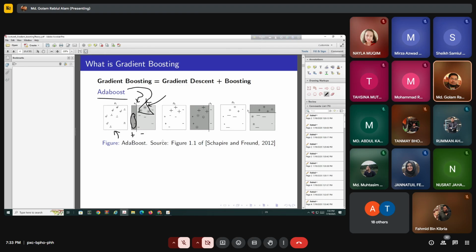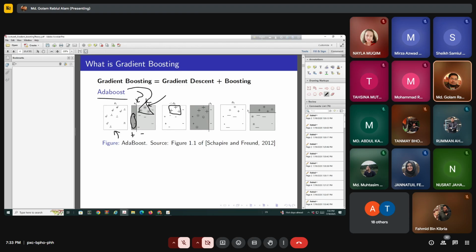So the hope we keep in mind is that maybe the next weak learner will successfully classify, or try to classify, the instances misclassified by H1. That's why paying more attention means we have to increase the weights. So here you can see we have increased the weights of our three positives.